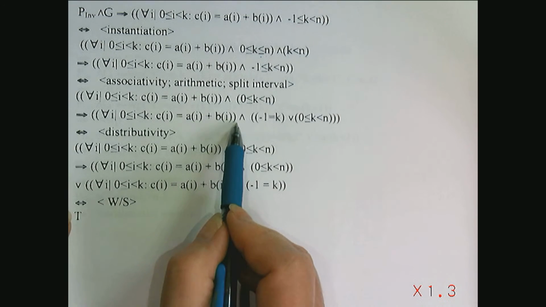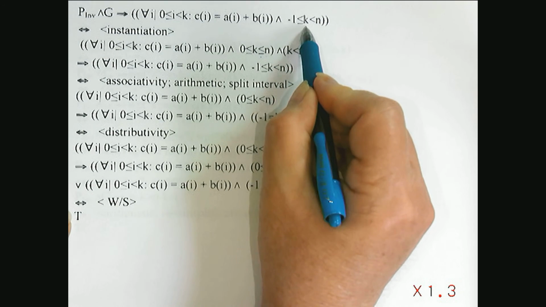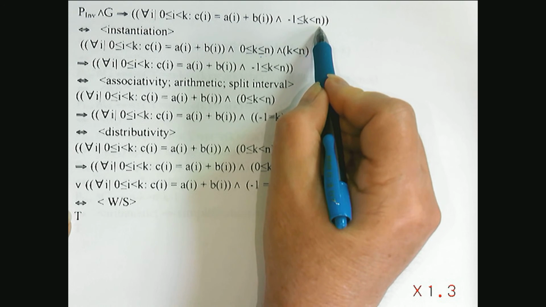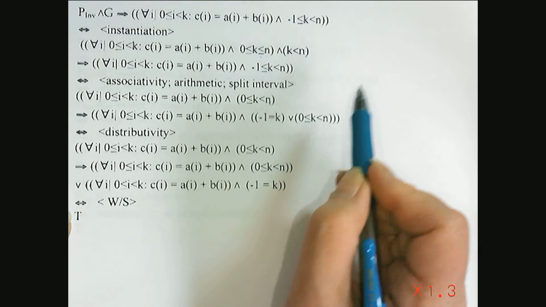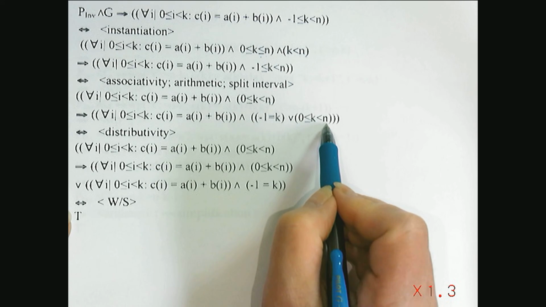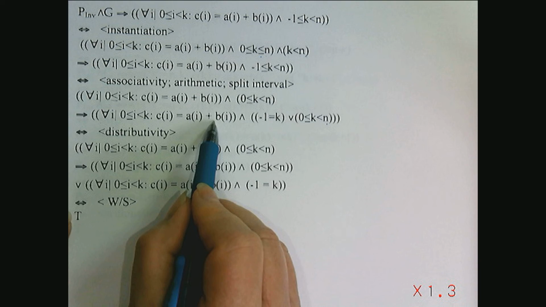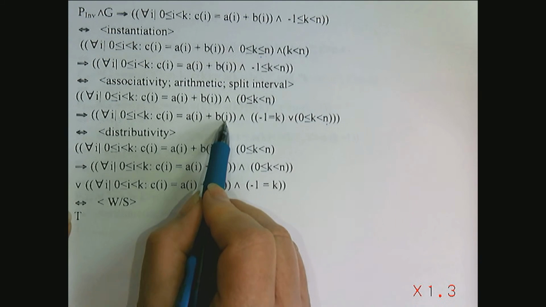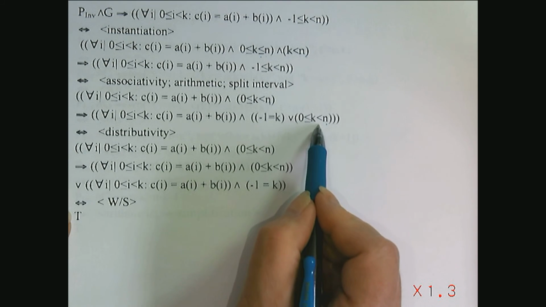I also can look at the interval -1 is less than or equal to k less than n and rewrite that as either k is equal to -1 or it's between 0 and not including n. Then I can distribute the quantifier through this OR statement that I just created.